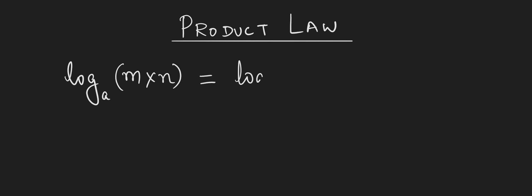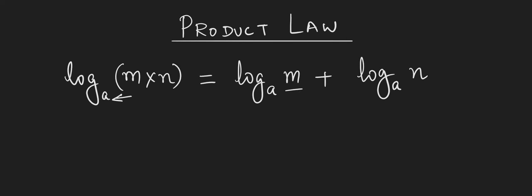Next, we have something called a product law. So according to this, log m multiplied by n to the base a is equal to log m to the base a plus log n base a. So we have to note that the bases are the same on both the sides.